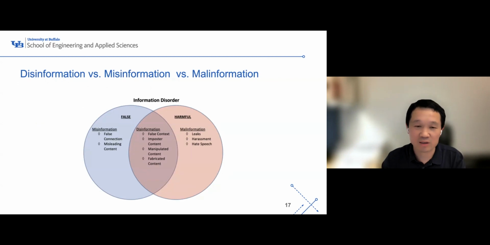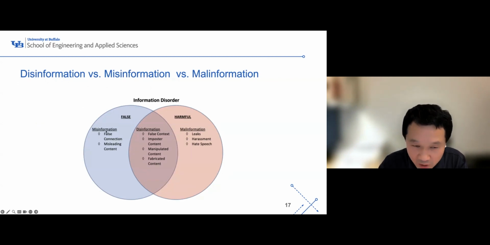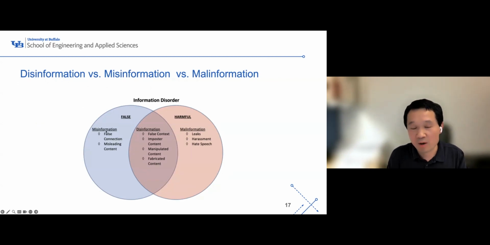So we can see there's some relationship. Misinformation is something where the model may have bias and generate some content that is not aligned with the real user environment. Disinformation is something like deepfakes and fake news. We can use the model to generate those things.